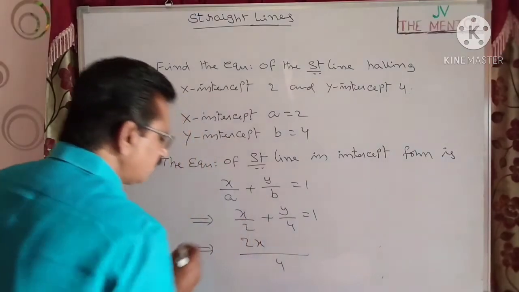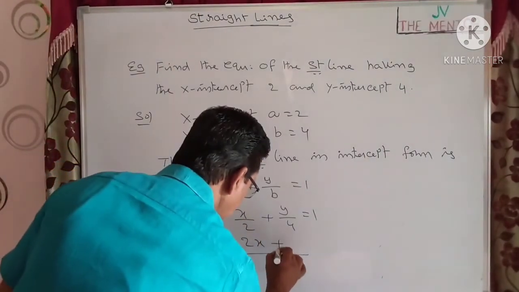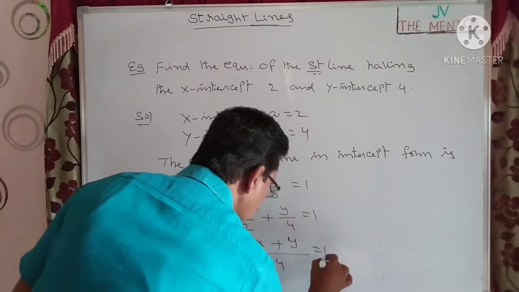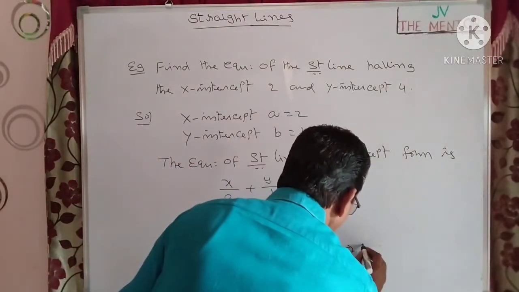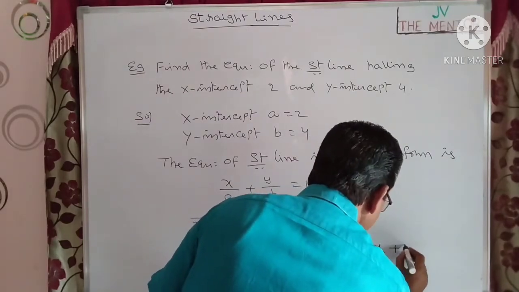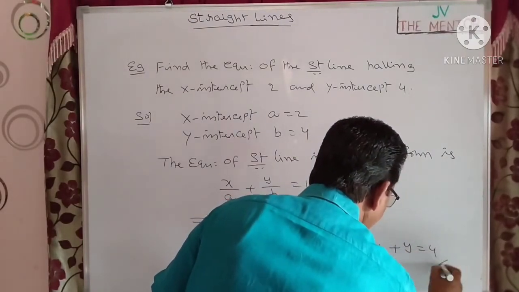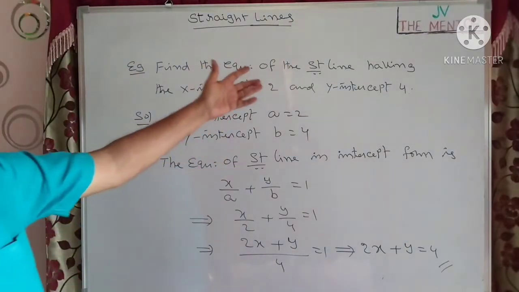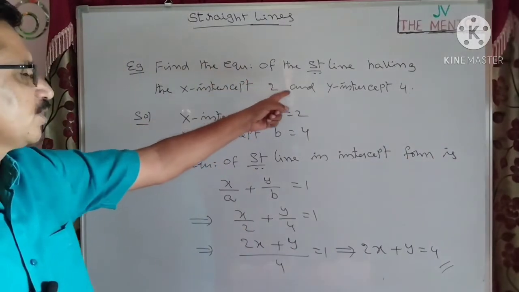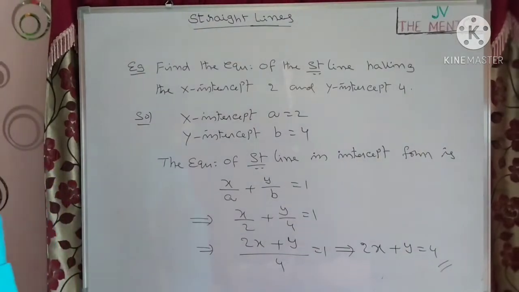Since the 2 cancels, multiply by 2: 2x plus y equals 1. On cross multiplication, the 4 goes to the other side. 2x plus y equals 4. This is the equation of the straight line having the x-intercept 2 and y-intercept 4. Write down.